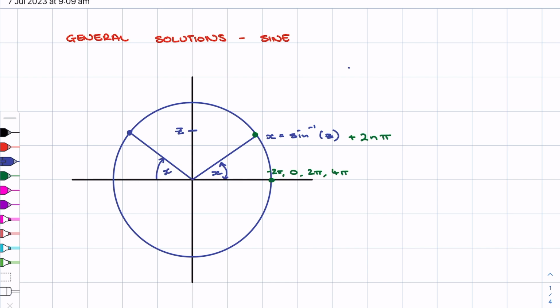So if I think about what this value is, that's pi. So this could be, as an example, pi minus sine inverse z, which is x.